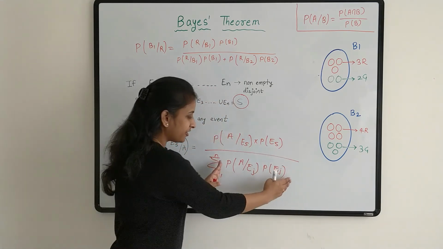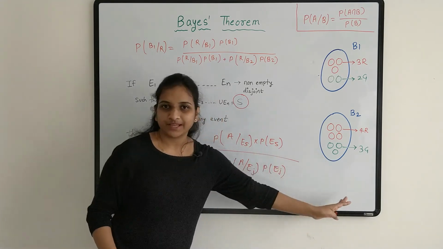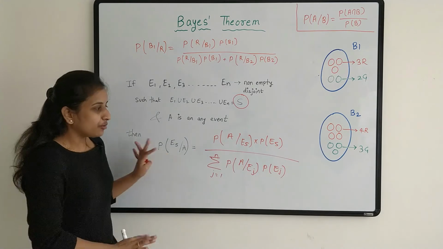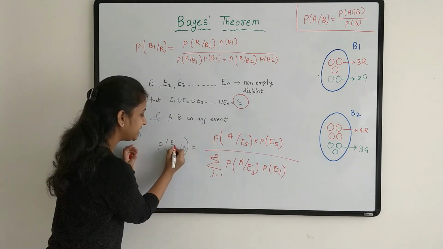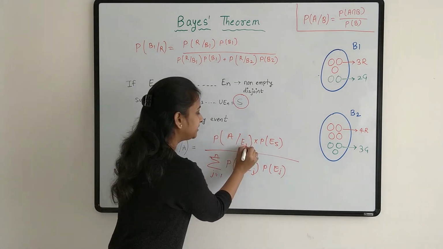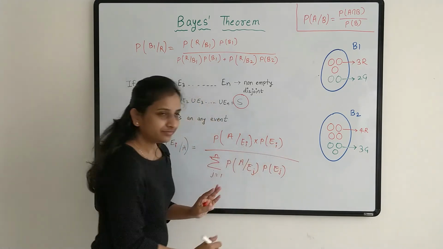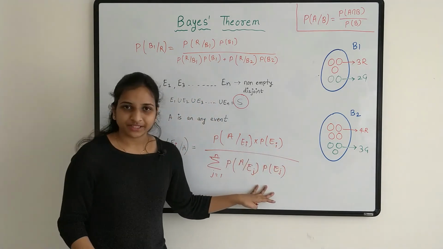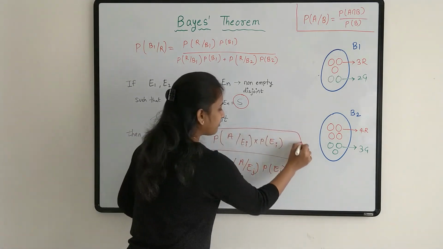Summation means for the first term plus for the second, for the third, plus. Right? Now let's make this a general equation. Instead of Ei, I write the ith term into probability of Ei. The denominator will be the same thing. This is the formula for Bayes theorem.